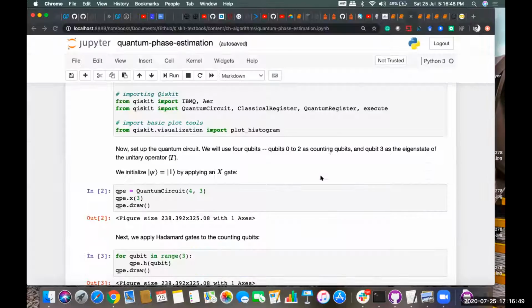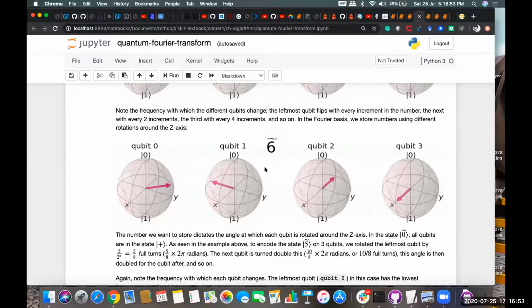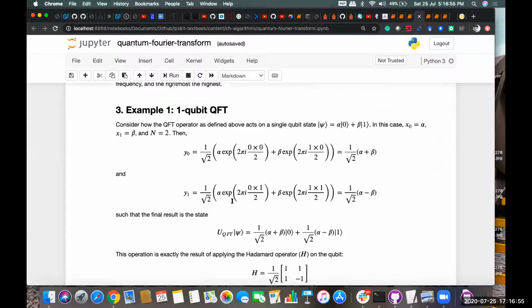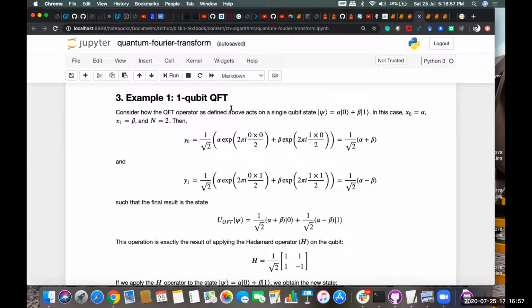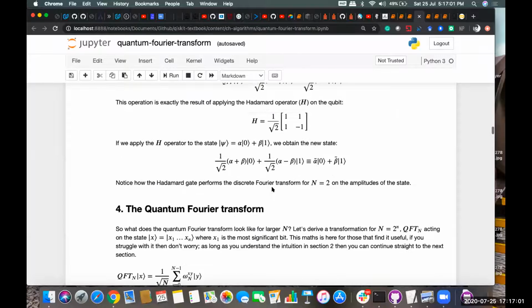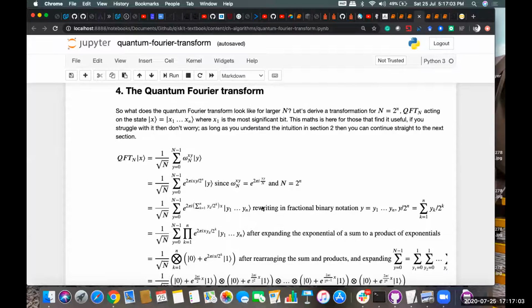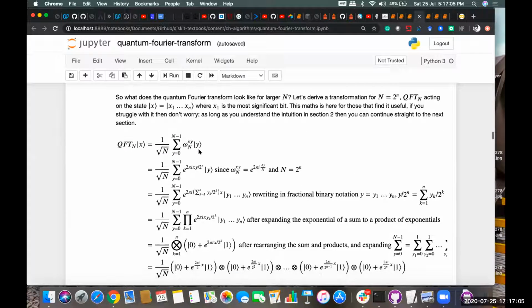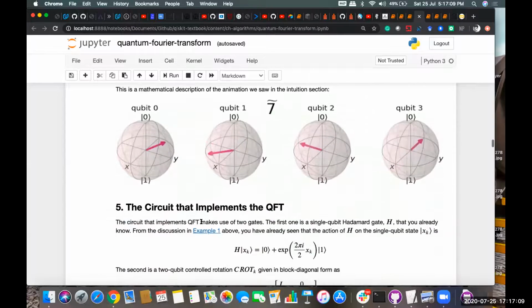You can go through the notebook on quantum Fourier transformation and find all the mathematical calculations for whatever is happening here. When we apply quantum Fourier transformation on one qubit, we have a generalized quantum Fourier transformation equation as well, which you can refer to and go through.